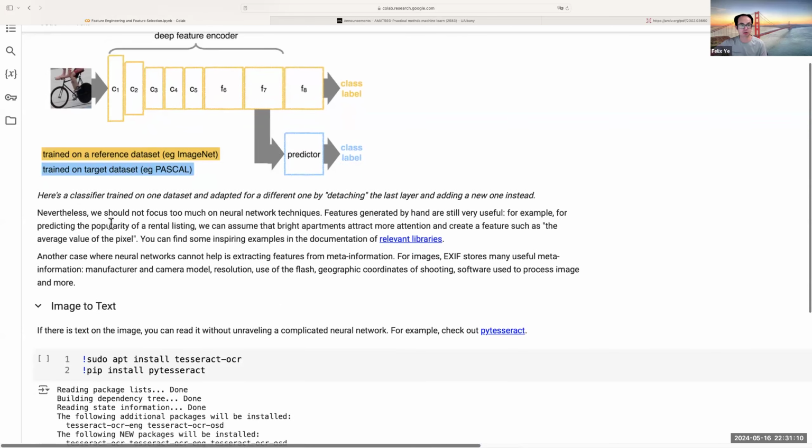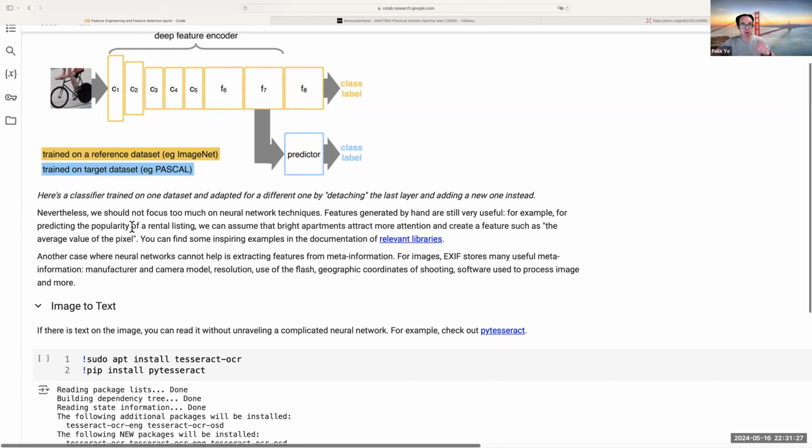But we shouldn't focus too much on these neural networks here, because features generated by hand are still very useful. That's why sometimes you still need to do these kinds of things.